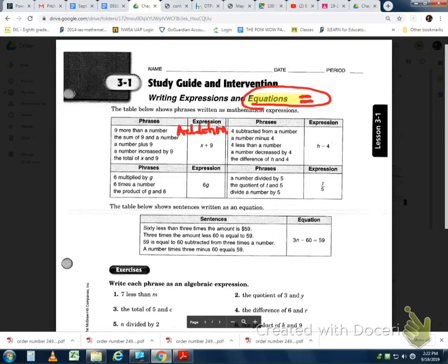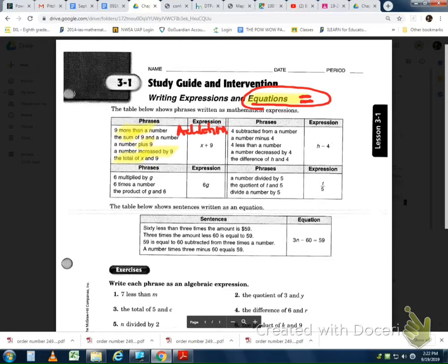They use the words more than, the sum of, plain old plus, increased by, and the total of x and 9. All of those words, using 9 and a number, get you the expression x plus 9. So more than, sum, plus, increased by, total would all imply addition.